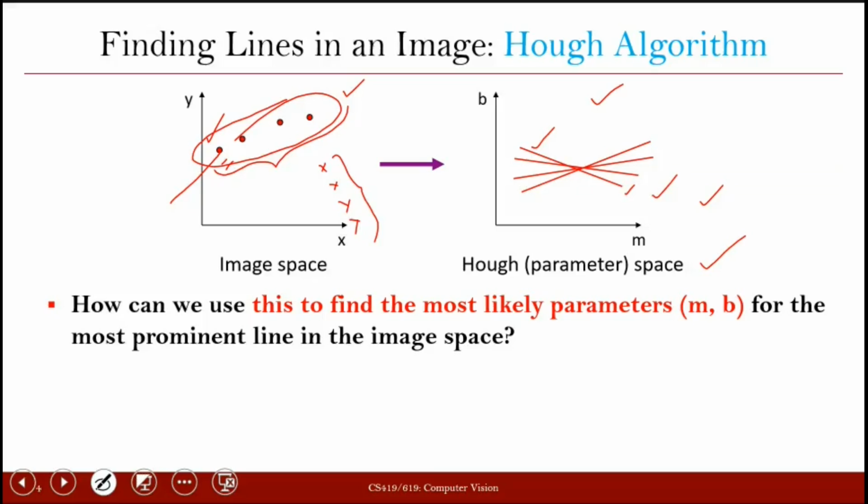So if there is any value of B and M where multiple lines are passing, that means that particular combination of M and B gets more votes. So detection of a line turns out to be detection of such values of B and M where you have more votes, because more votes correspond to a common line which goes through multiple feature points.